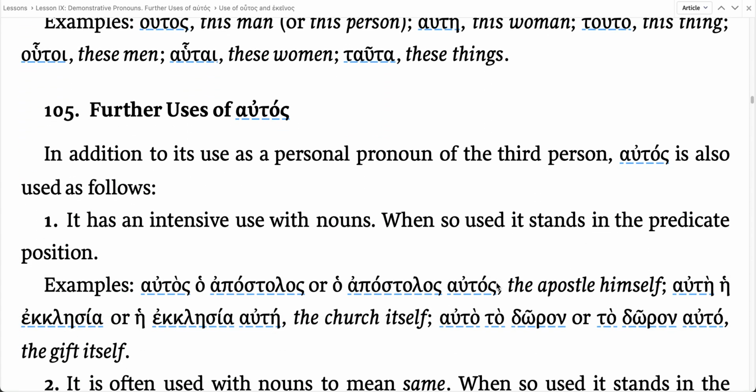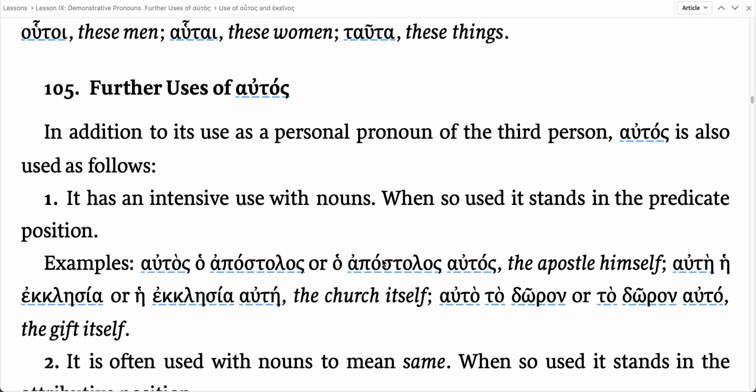Now, we have further uses of αὐτός. So αὐτός, again, takes us back to the personal pronoun. It was in paragraph 96. I can take you back and show you that.